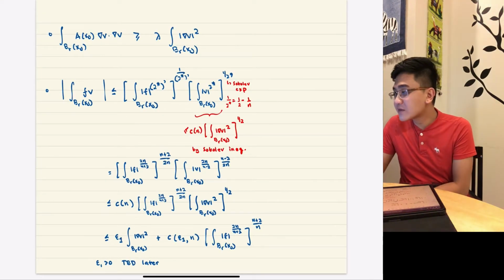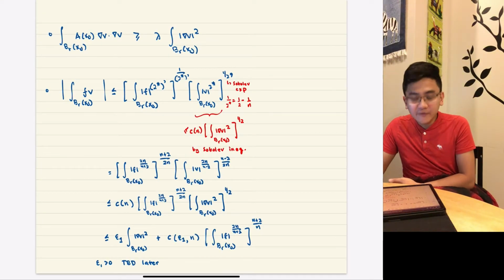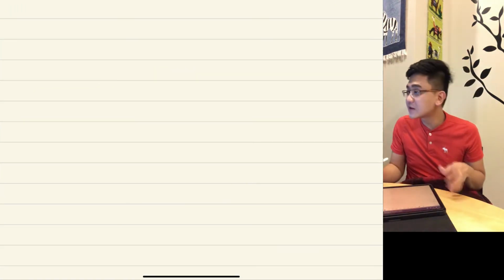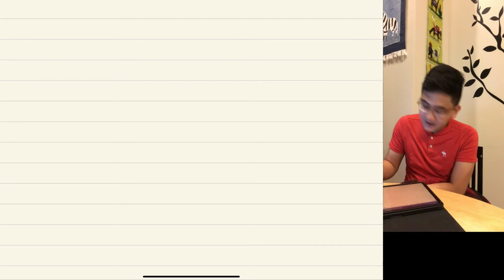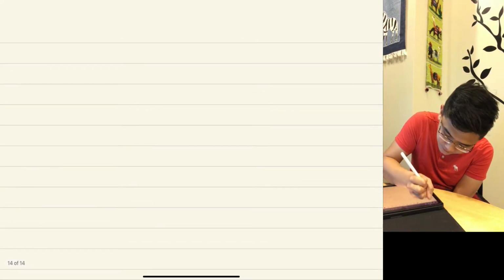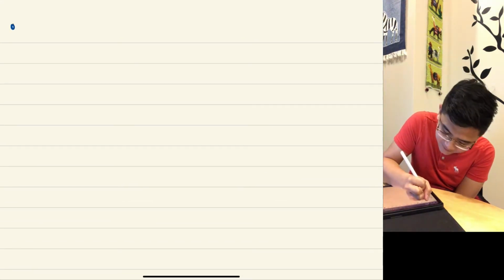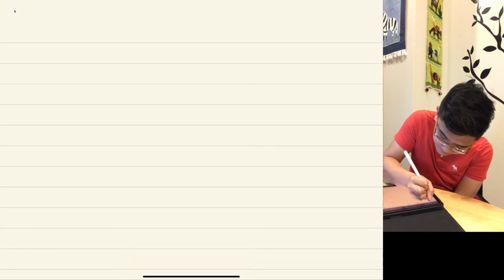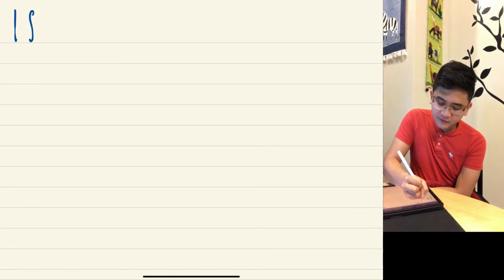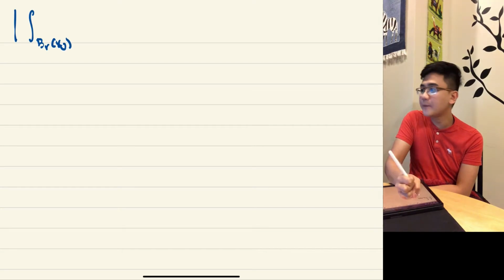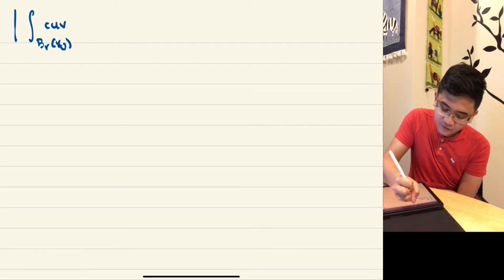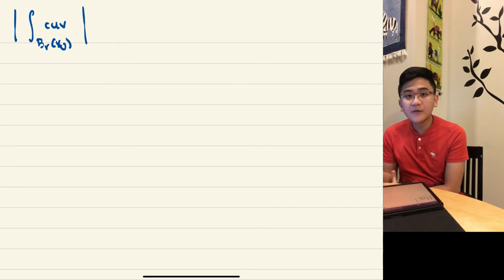So we do something similar for the other terms. The other term to be estimated is the absolute value of the integral over B_R(x0) of CUV. So we have a product of three things.